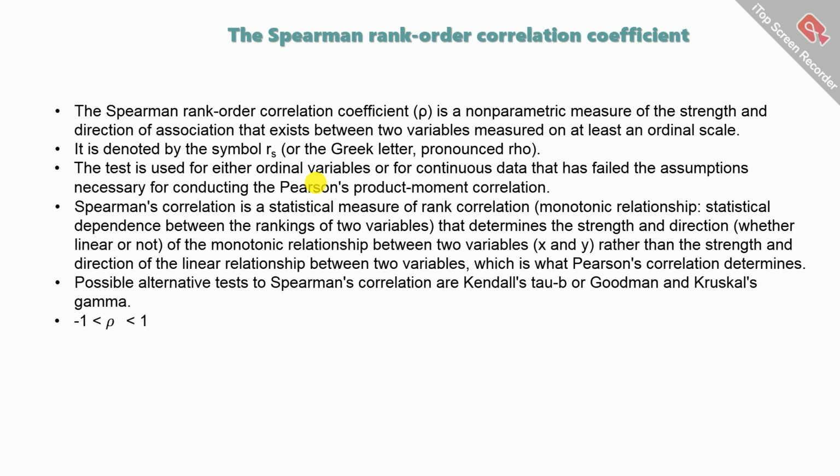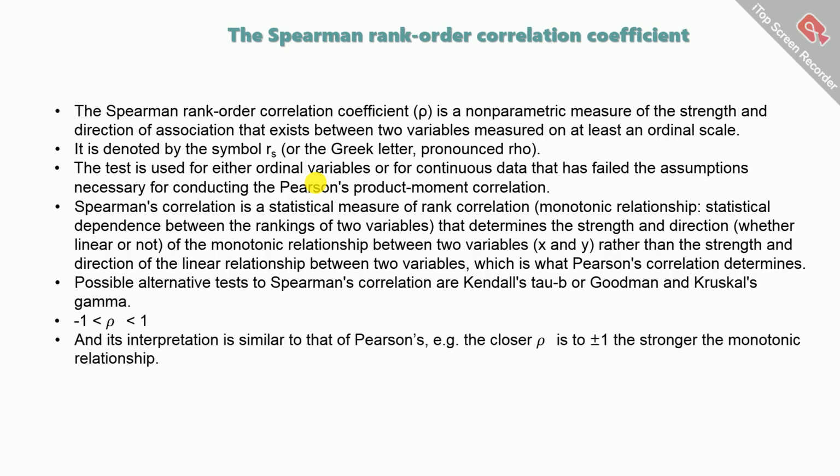And as usual, the range of the Spearman's rank correlation coefficient is from -1 to +1. That is, the value of rho ranges between -1 and +1, and its interpretation is similar to Pearson's.